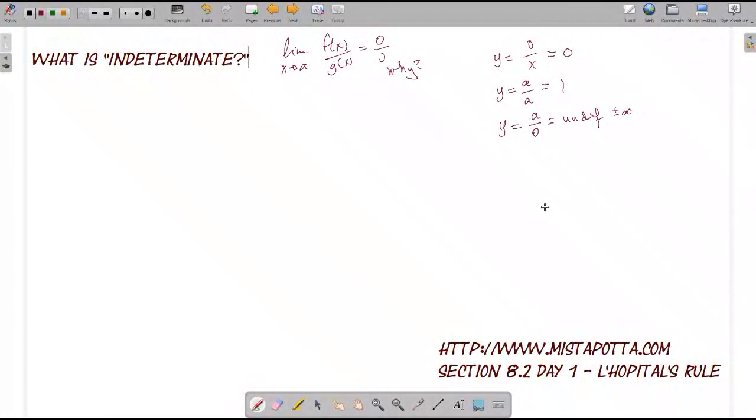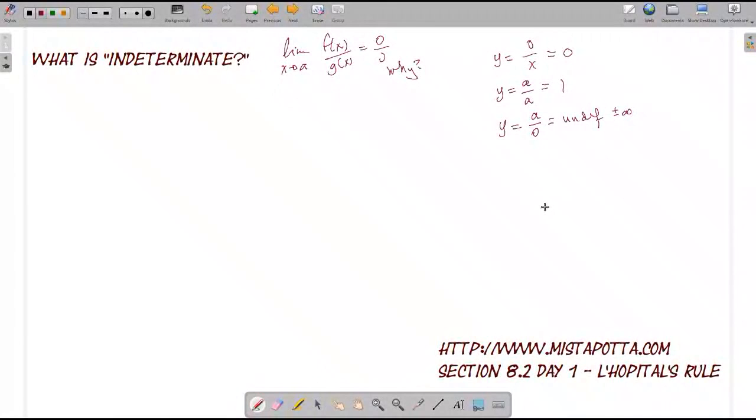And what we saw in our last episode was that these values could really be any real number, any value between and including negative infinity and positive infinity is an acceptable limit, depending on the functions that we're dealing with.